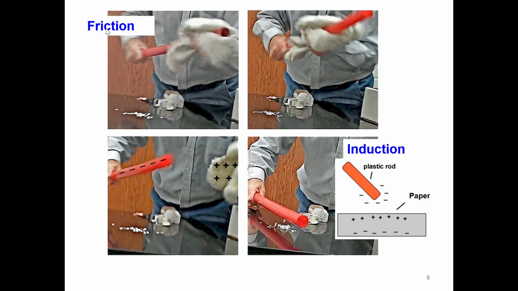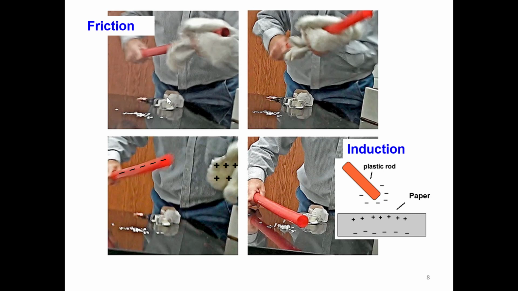Then what happened here is that the person is rubbing the tube using a piece of fabric. In this process, the charges are transferred from one object to another.